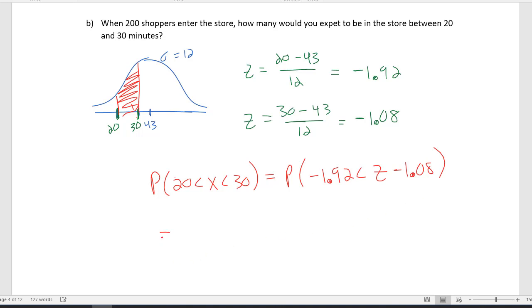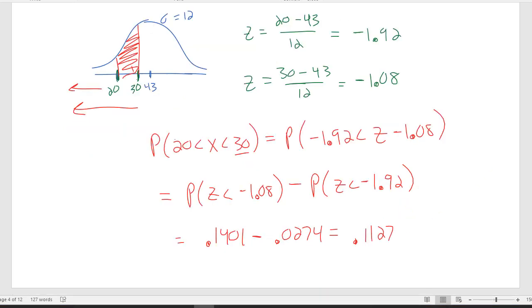I'm going to look these up in my z table in just a moment. I'm going to find the area of z all the way to the left, and then find the area to the left of 20, and that's that area there. I'm going to subtract that out. So I'm going to find the probability that z is less than negative 1.08, which corresponds to my 30, and then subtract the probability z is less than negative 1.92.